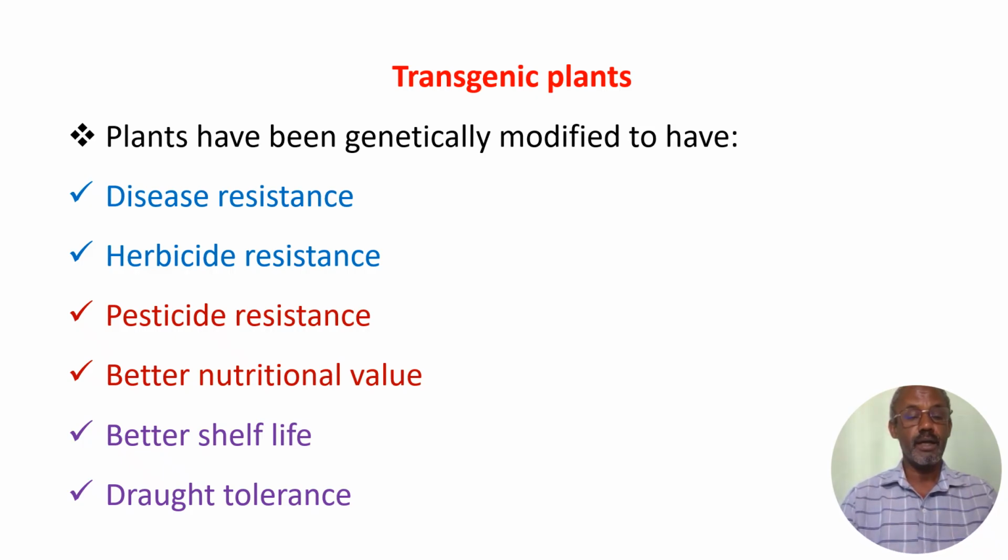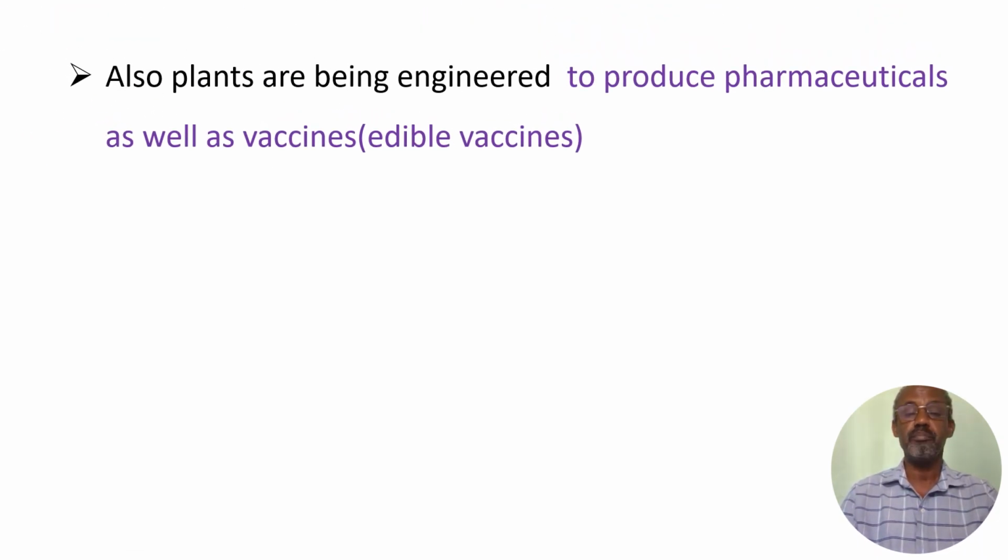Now, in agricultural biotechnology, the production of transgenic plants is concerned with giving genes to plants to make them disease resistant, herbicide resistant or tolerant, pesticide resistant, to have better nutritional value, better shelf life, drought tolerance, etc. And also plants are being engineered.